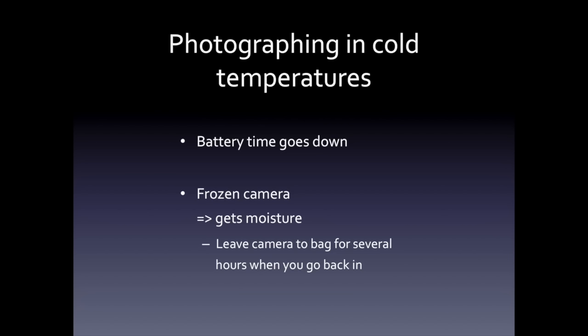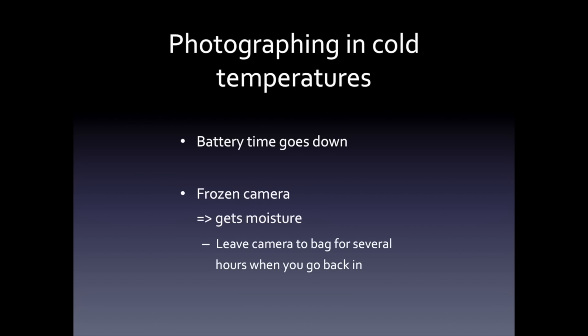So when I'm taking Nordic light photos and I'm coming home at night, I leave my camera in the bag for several hours. Normally, I take the memory cards and batteries out outside and then put the cameras in the bag, because of course I want to check the photos immediately.